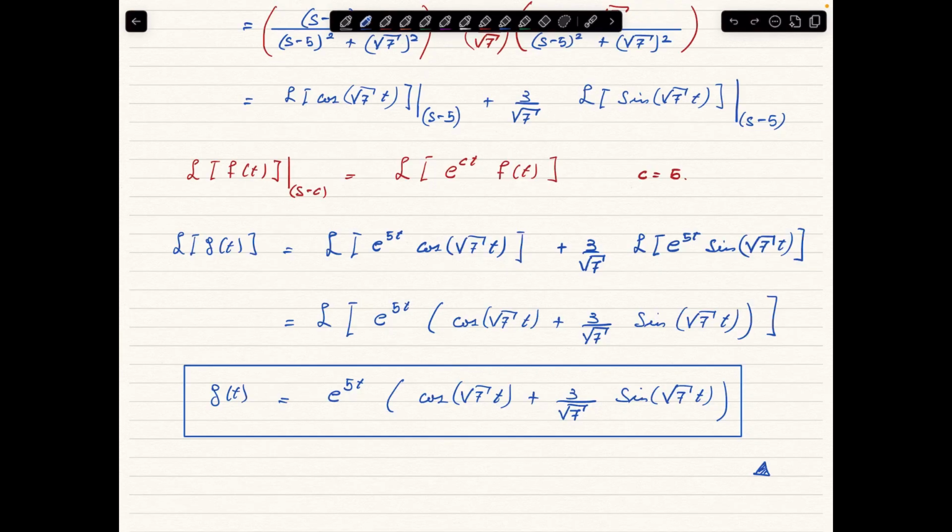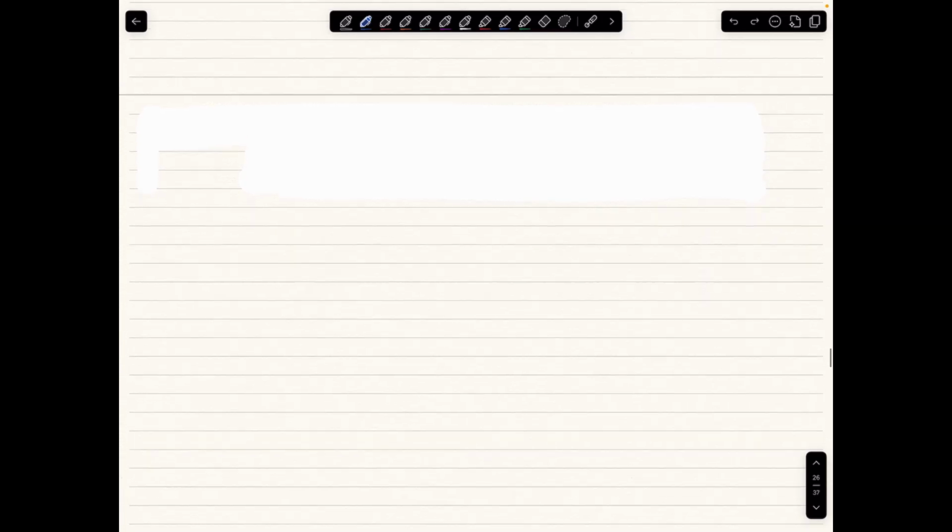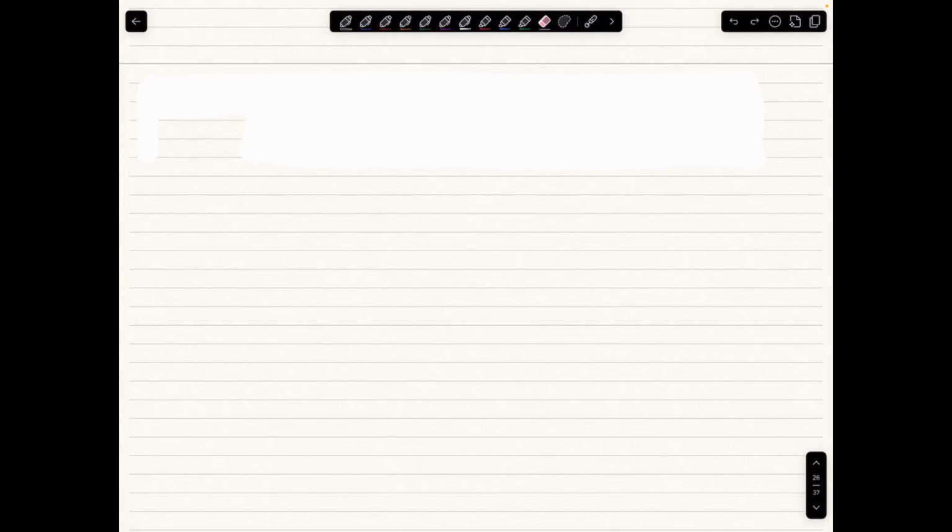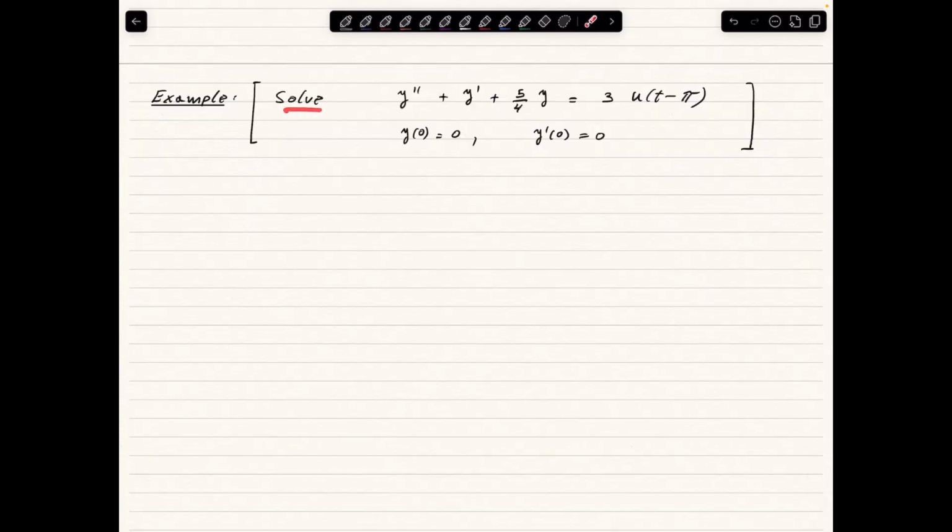Let's move on to our last example in this video, where we are going to solve a differential equation that has a step function on the right hand side. We assume for simplicity that we have zero initial conditions, although all these ideas still work for non-zero initial conditions. So let's solve this problem. What do we need to do?